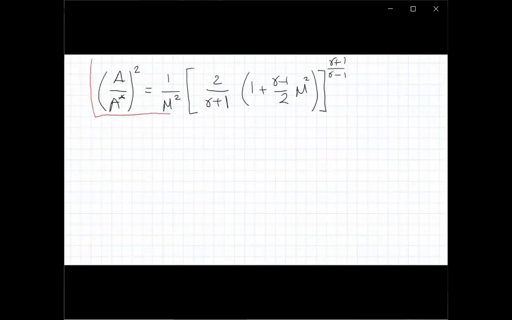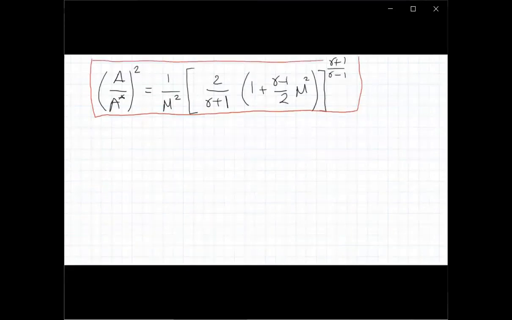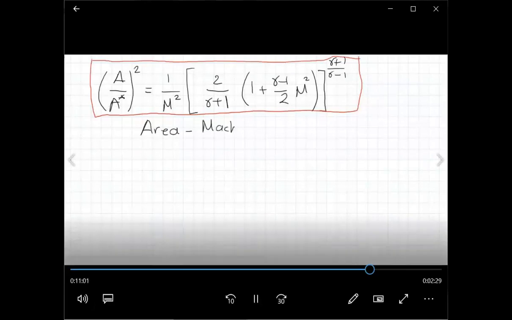This relation is known as the area Mach number relation in compressible aerodynamics for, let's say, internal flows for converging diverging nozzles. So this is known as the area Mach number relation.